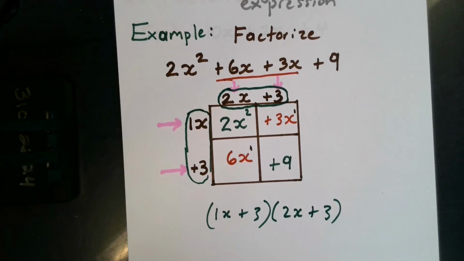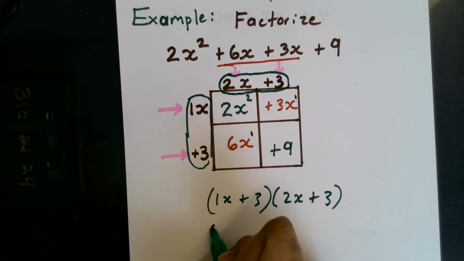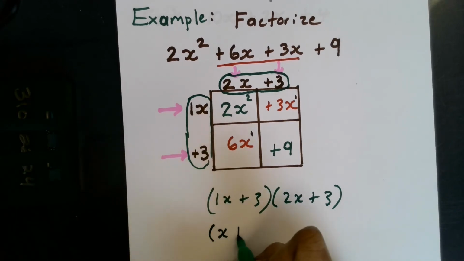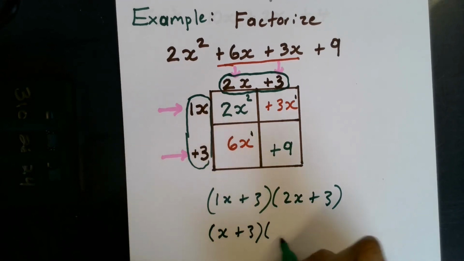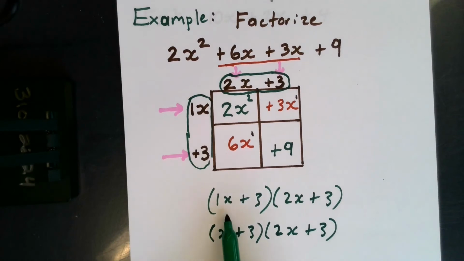That's your answer. And I could go further and just say x plus 3 times 2x plus 3. This number 1, I don't need to rewrite it.